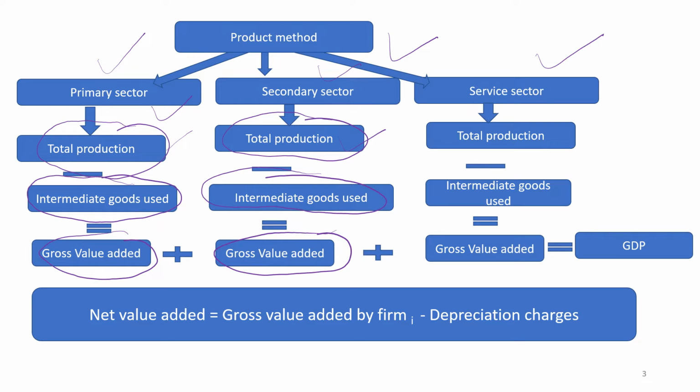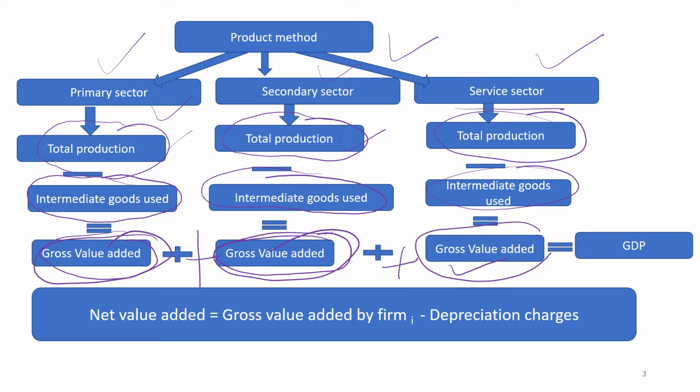In a similar manner, under the service sector, total service minus intermediate goods used gives you the gross value added. The gross value added in the primary sector plus the secondary sector plus the tertiary or service sector is equal to GDP, or gross domestic product.